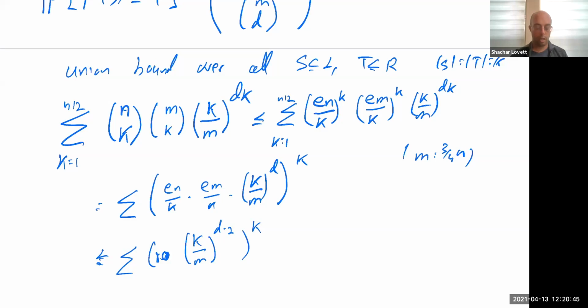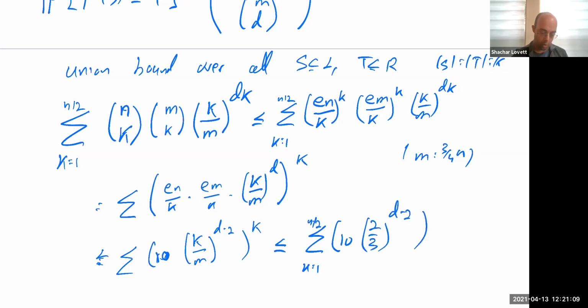Again, this m over k cancelled, and n over k is just a constant times m over k. And now, k is at most n over 2, m is 3/4 n, so this is smaller than the sum over k, again from 1 to n over 2, of (10 times (2/3) to the d minus 2) to the k.